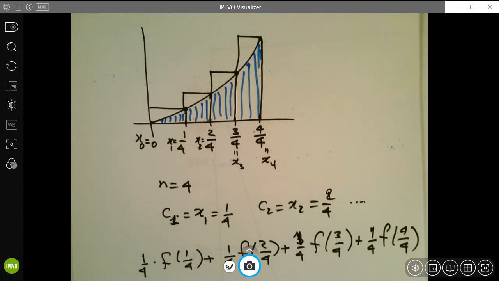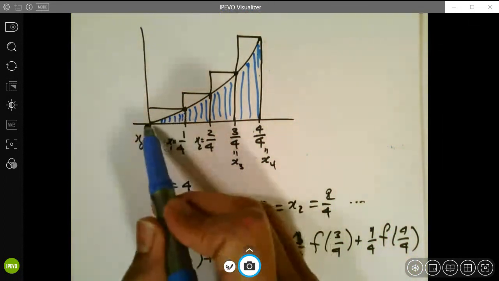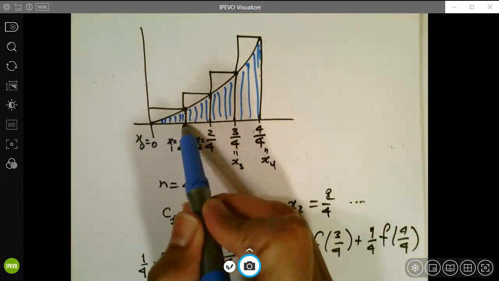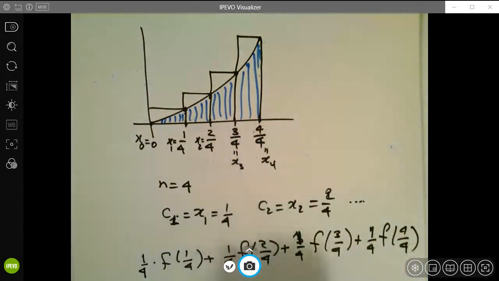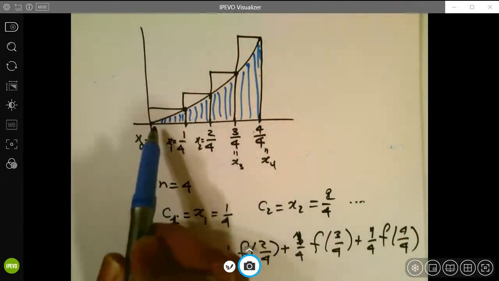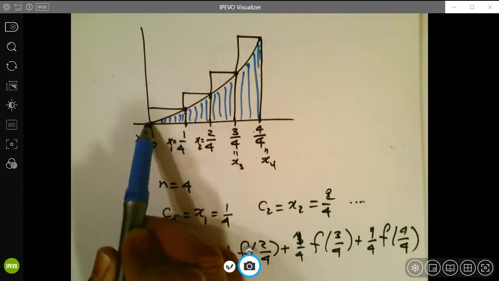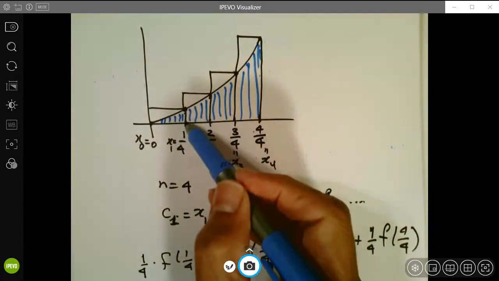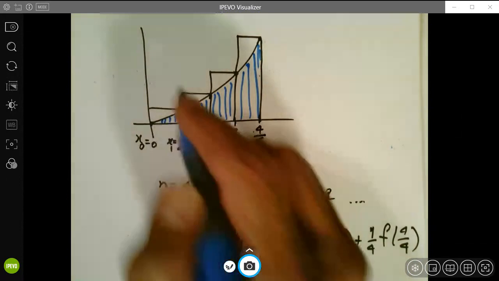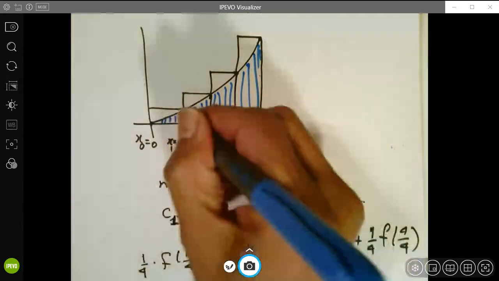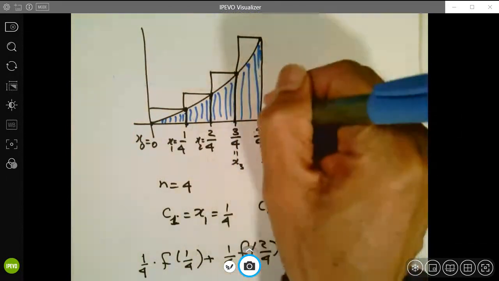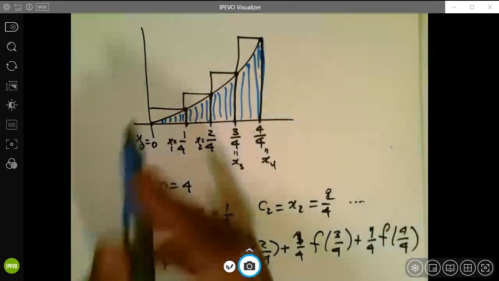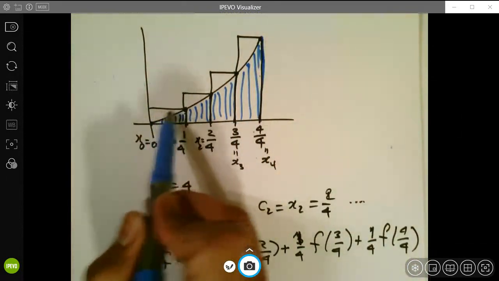So for instance, if I take the subdivision 0, 1/4, 2/4, 3/4, all the way to 4/4, okay? Now I can pick any point here. If we pick in particular a right endpoint, and go all the way to the curve with the right endpoints, I can make up some rectangles.